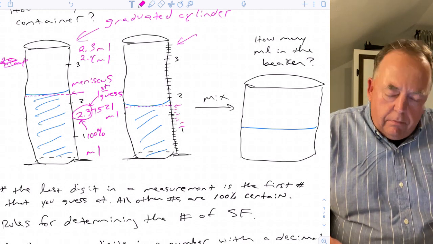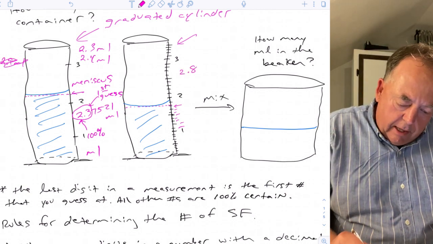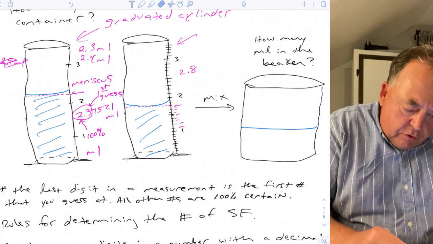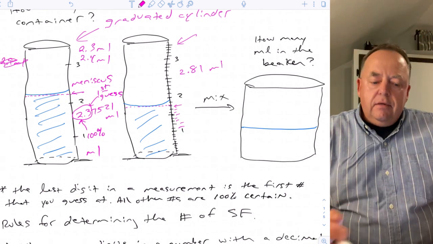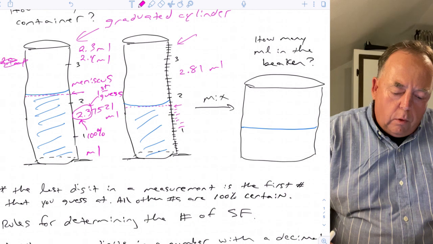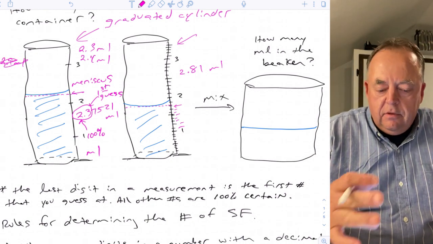So it's just above the 0.8. So we could say 1.8, maybe 1.81 milliliters, for example. Using this graduated cylinder on the right, we could report it to more decimal places because we have more confidence in the digits.